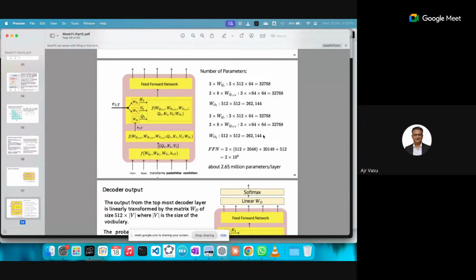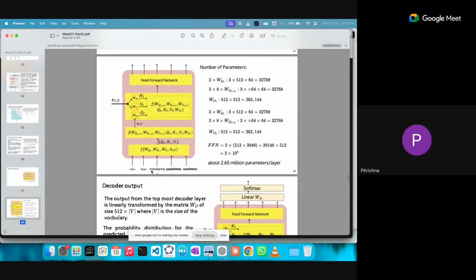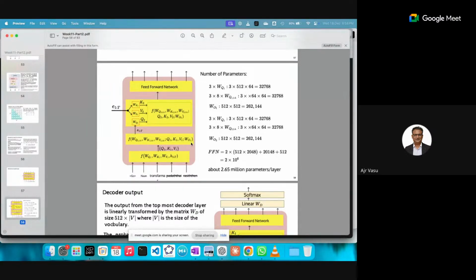So the input is 512. WO1, WO2 additionally, right? So I don't know where this WO2 and WO1 is coming from.